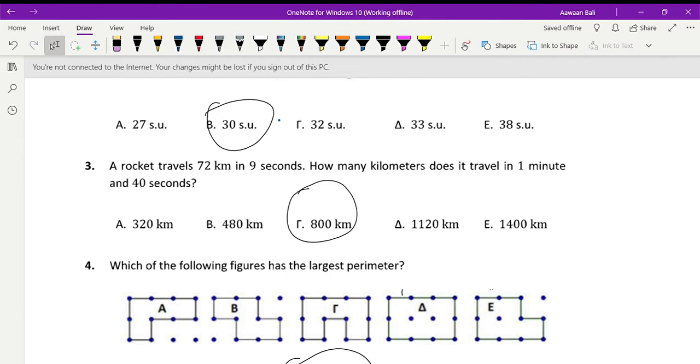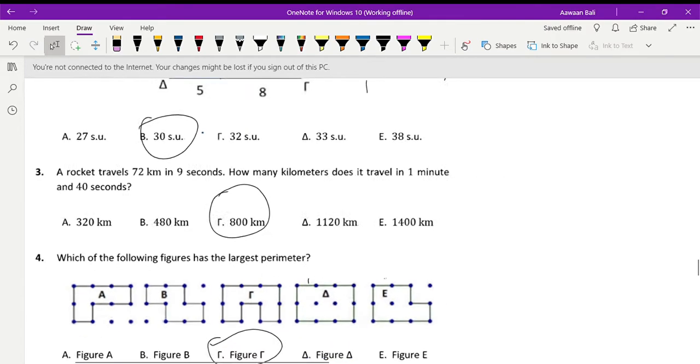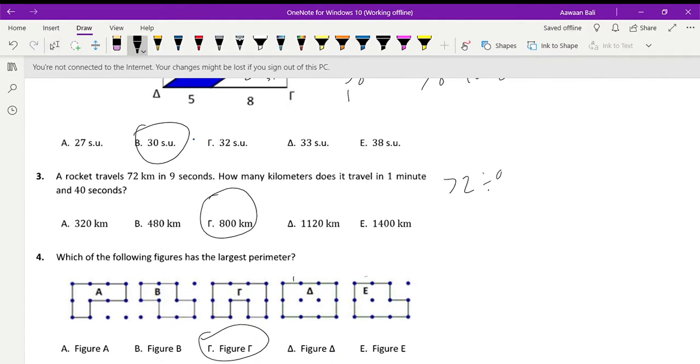Question number 3. A rocket travels 72 kilometers in 9 seconds. How many kilometers does it travel in 1 minute 40 seconds? So if you do 72 divided by 9, that's 8, which means in 1 second, it travels 8 kilometers.